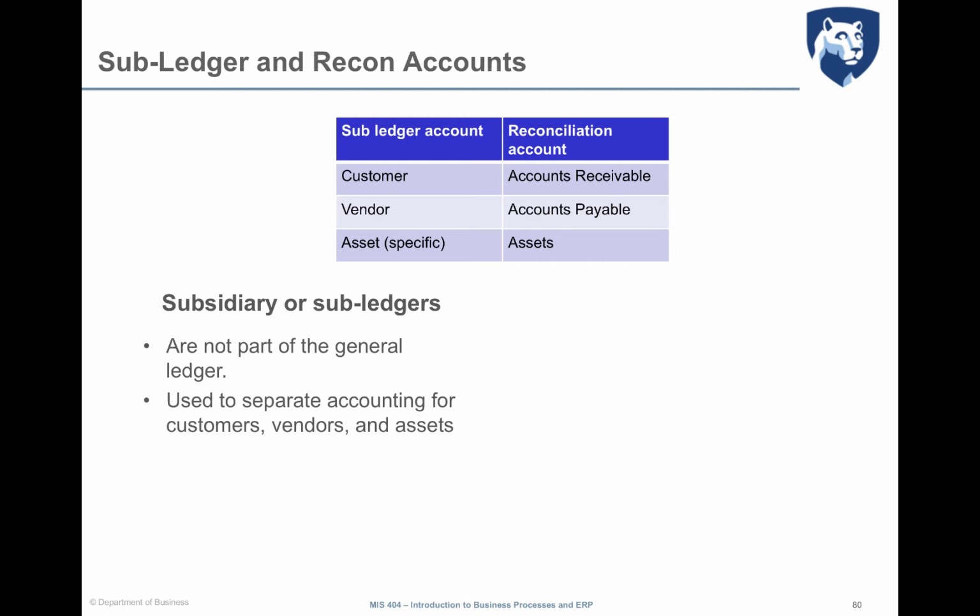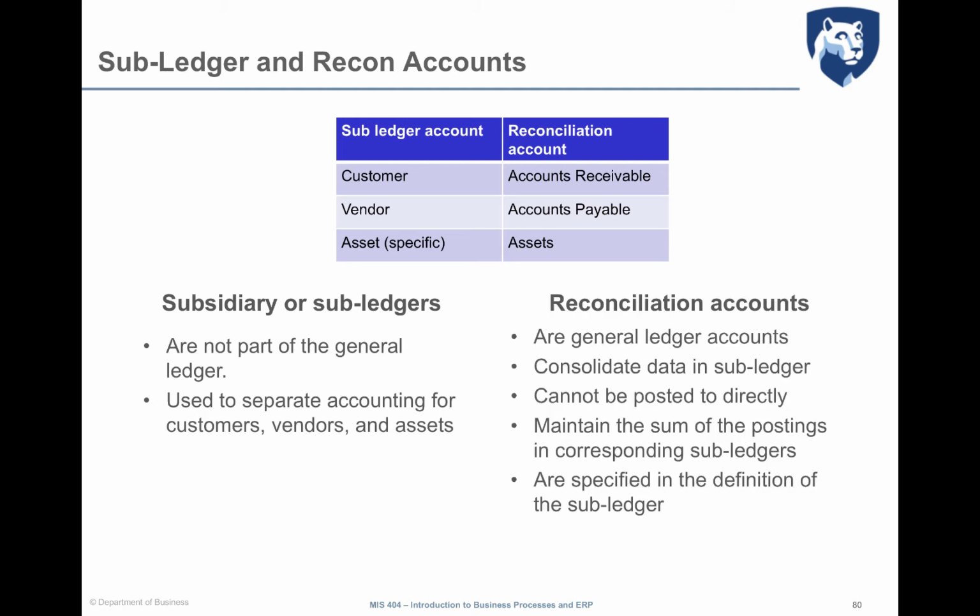In order to do that, companies can accomplish this task by posting the data from subledger accounts, where they are moved into special accounts in the general ledger, which are called reconciliation accounts. Reconciliation accounts are general ledger accounts that consolidate data from a group of related subledger accounts, such as customers, vendors, and assets.